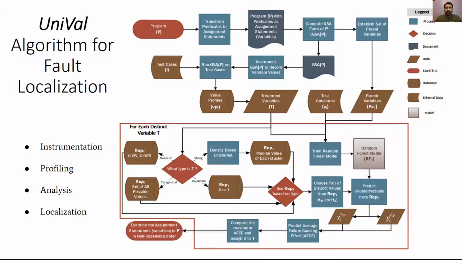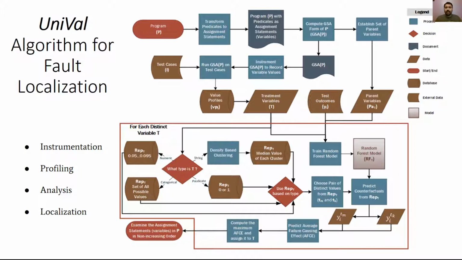The instrumented program is then run on a set of test cases to produce value profiles and other information necessary. Numerical variable values are binned and string variable values are clustered to produce a small number of representative treatment values. The modified value profiles and test outcomes are used to train a random forest regression model for each assignment statement.